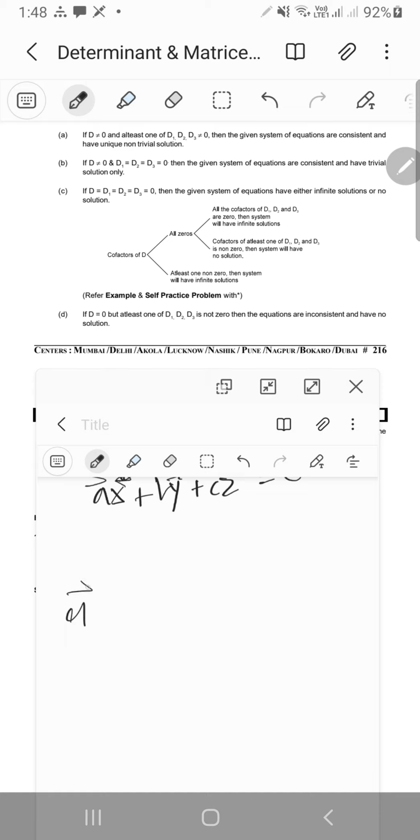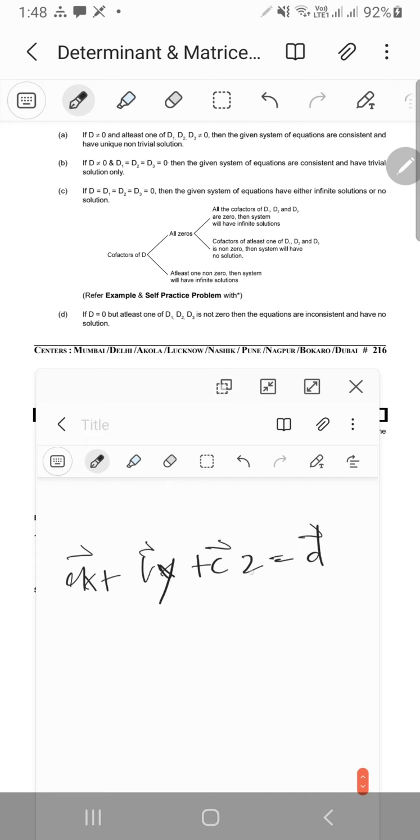For example, if we have x, y, just consider z to be some kind of constant and then send this to the other side. Yes, right.